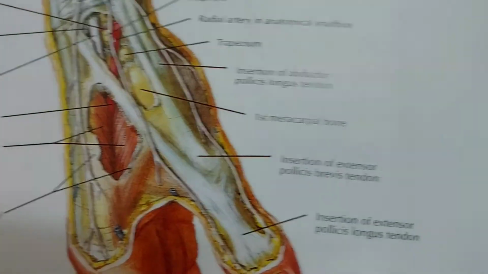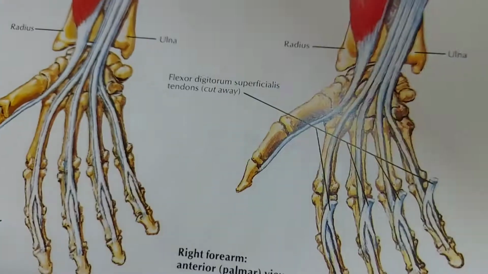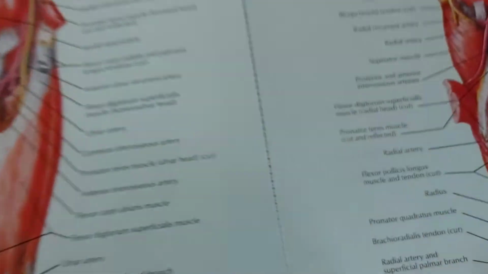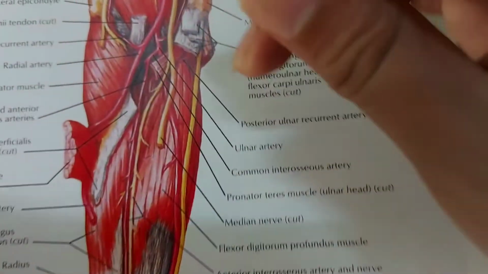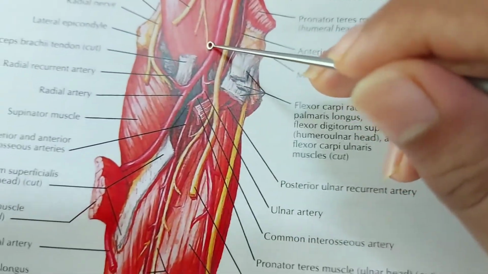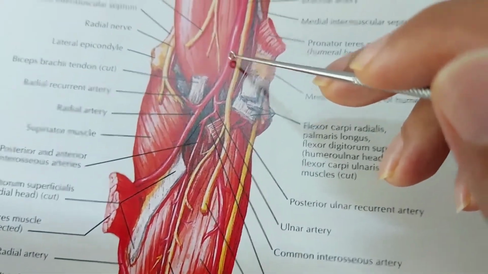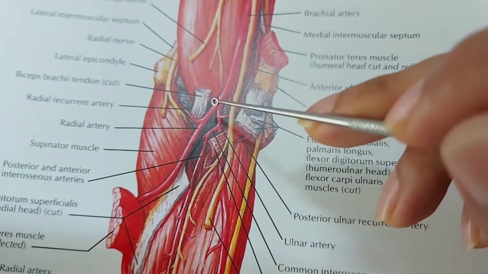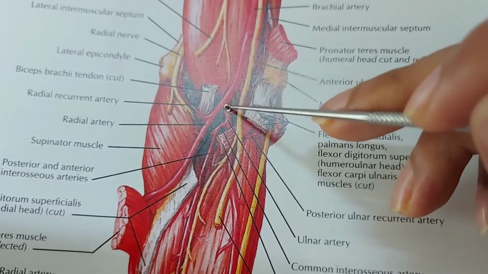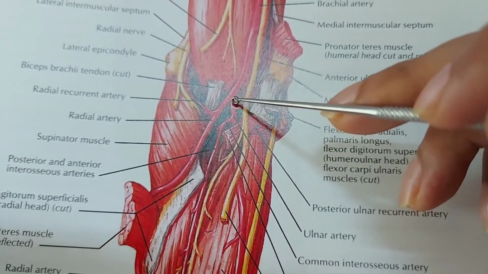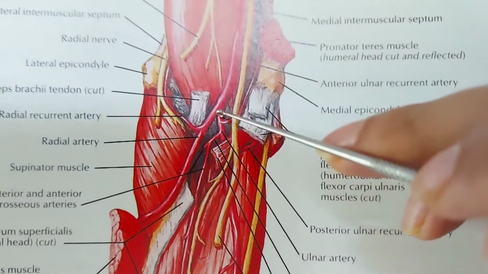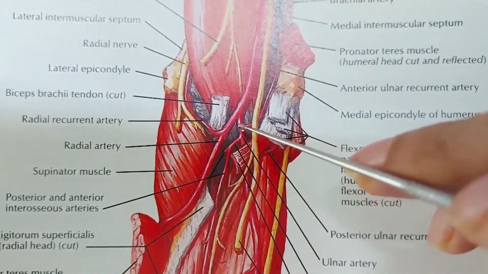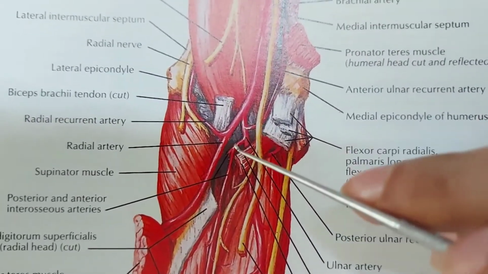Now the ulnar artery. Here we see the large branch of the brachial artery, the ulnar artery. It starts in the cubital fossa, and the ulnar artery has many branches in this part.